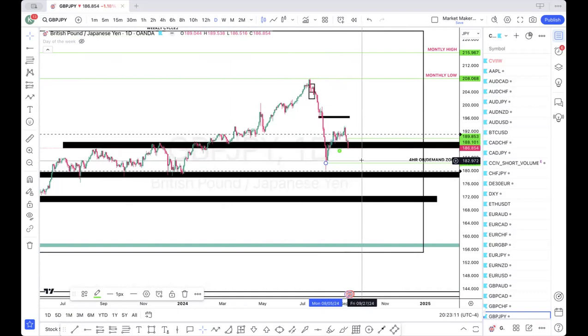So I'm going to look for the sell back down to here, and then I'm going to take my profit there. And then if it continues down here and gives us bullish momentum, then we'll look for the buys from here to here. I will not be trading anything else in between, not even a stack.